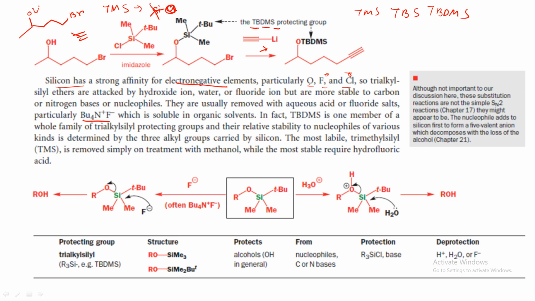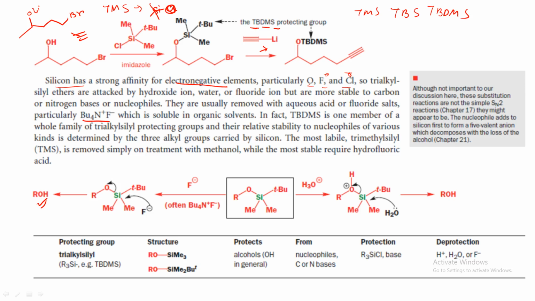How is deprotection done? Here you can see a normal SN2 type: F minus can attack silicon, and the oxygen-silicon bond can be broken. So we generate the alcohol that we need, and we generate the silicon fluoride byproduct, which can be easily removed from the system.